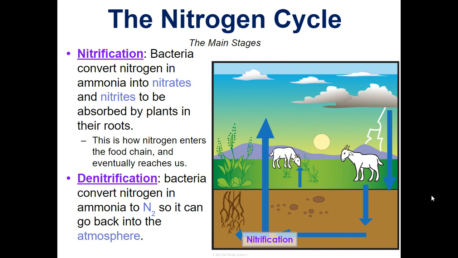So here, remember, in the soil we have lots of ammonia due to the ammonification process. That ammonia gets changed into nitrates and nitrites that get taken up by plants. Those plants then get consumed by other organisms, and that is how they may obtain nitrogen. And nitrogen then returns back to the atmosphere through another form of bacteria known as denitrifying bacteria.